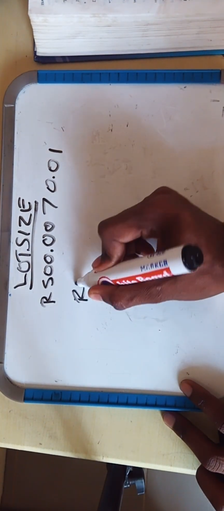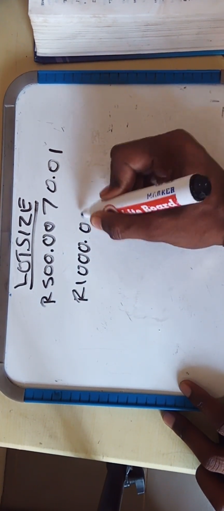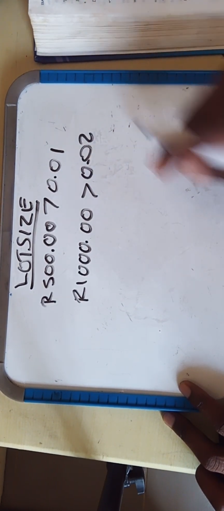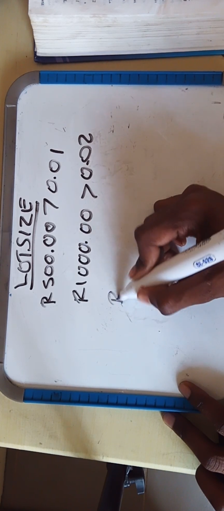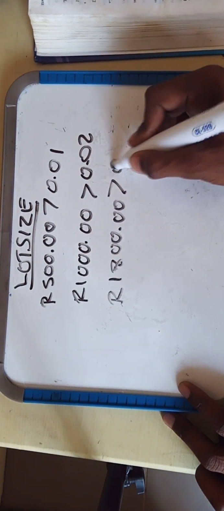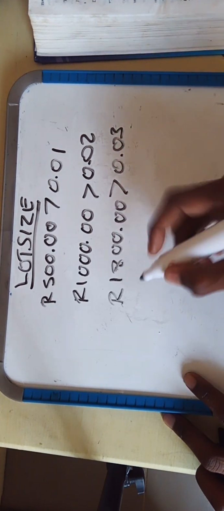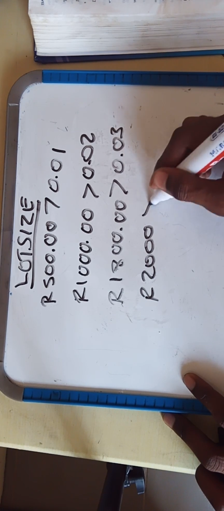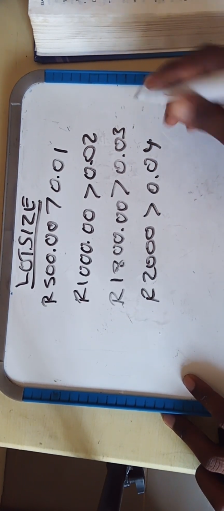Now, if you grow your account to at least 1,000 Rand, you should consider increasing your lot size. If you have an account of at least 1,800 Rand, you should consider growing the account. If you have 2,000 Rand, you should consider growing your account.